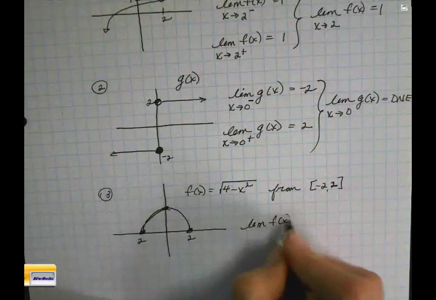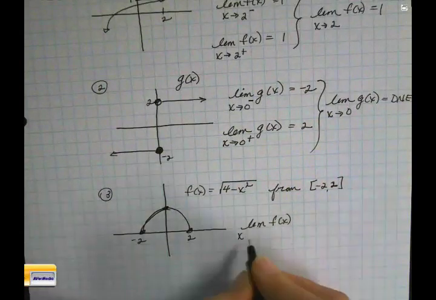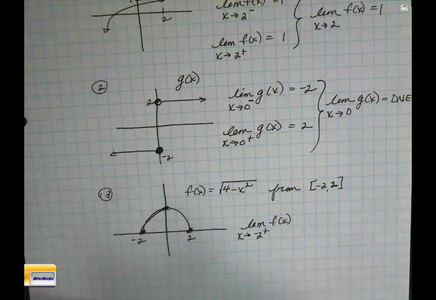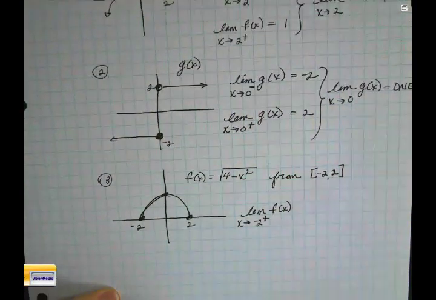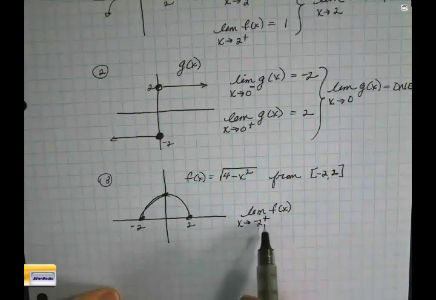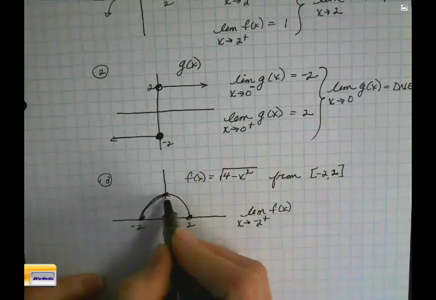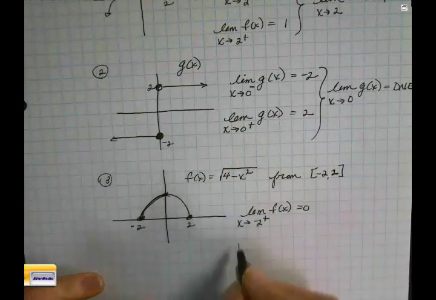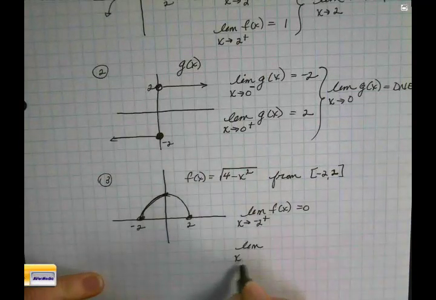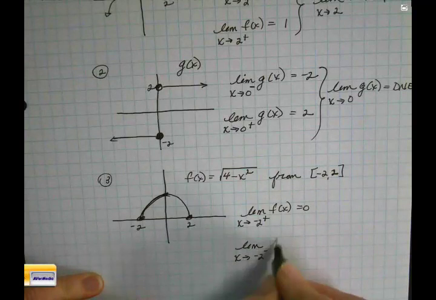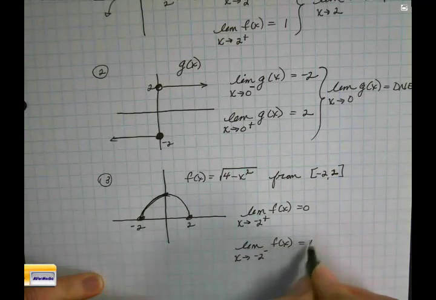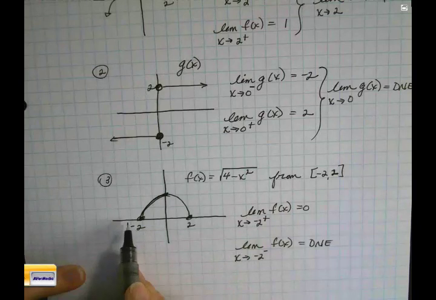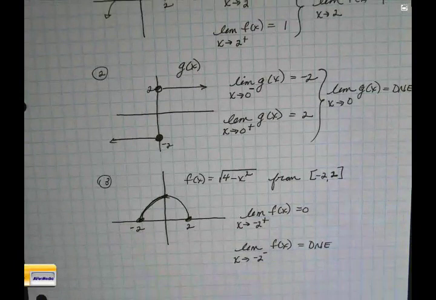What is the limit of f of x as x is approaching negative 2 from the right? How's that for some symbolism? X is approaching negative 2 from the right side. What does it equal? 0. What is the limit as x is approaching negative 2 from the left? It doesn't exist. We didn't even have a graph on this side. There was no graph to the left of negative 2, so we can't approach it from the left.